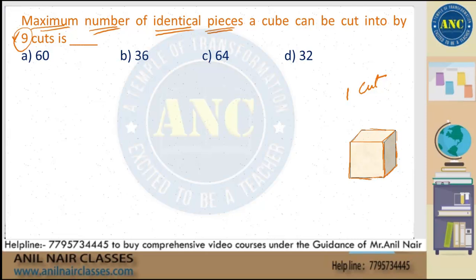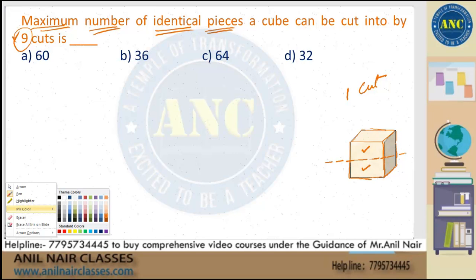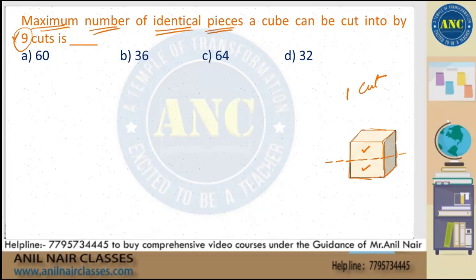If I cut this cube like that, from the middle, don't you think there will be 2 identical pieces formed? Yes, there are 2 identical pieces. The same thing, if I cut it from this face like that, from the middle, it will give 2 identical pieces.